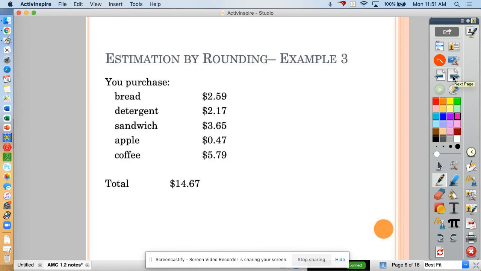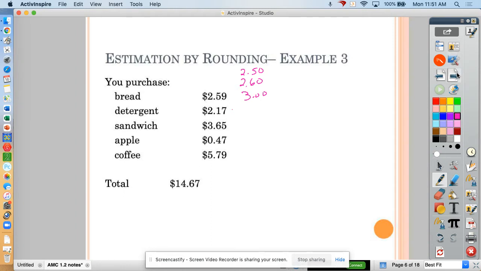All right, so next we have, just like we said, an example might be going to the grocery store. So we can look at this and we can change this. We could change it to $3. We could change it to $2.60. We could even change it to $2.50. None of those are wrong. Some of them just might be better than others. So as you go through and look at each one of these, maybe this one's a 2 and a 3 and so on.